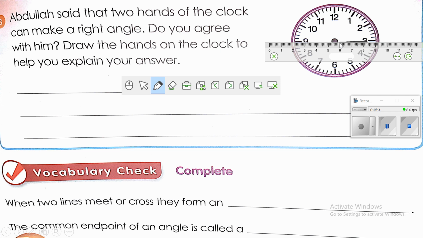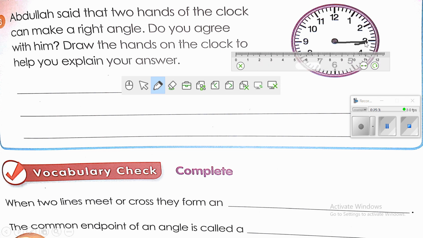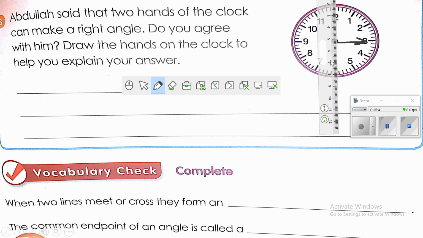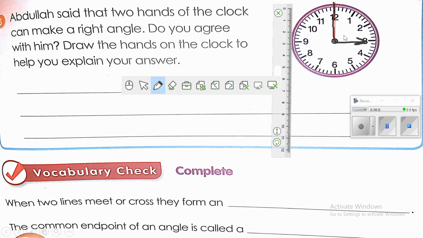This is the first hand. And the other hand should be right like this. Now this is the right angle.